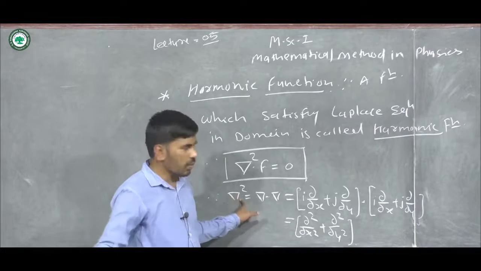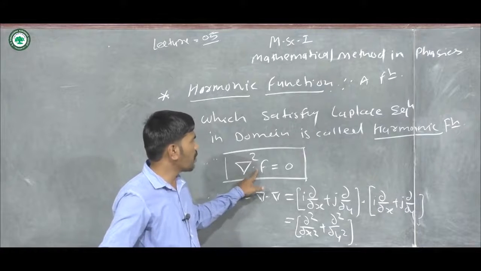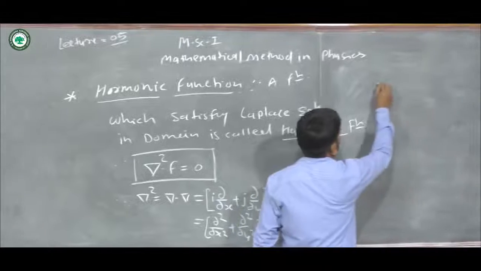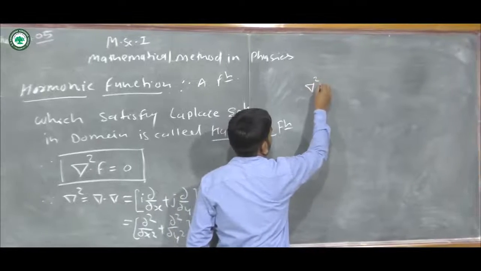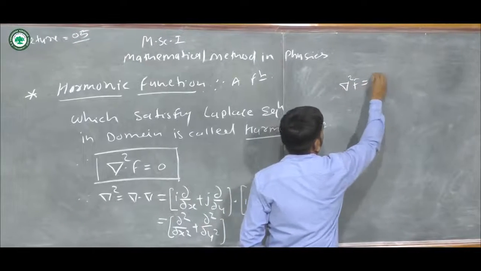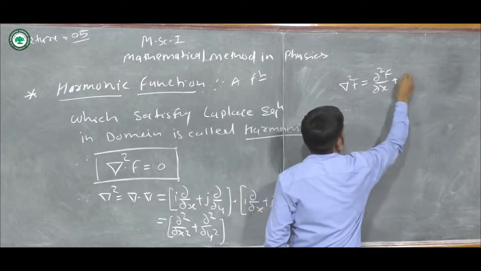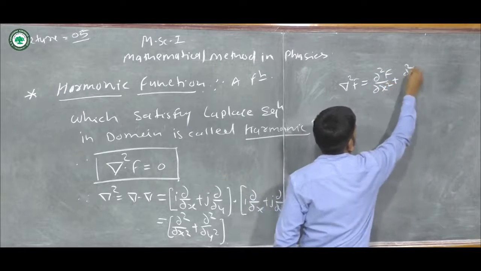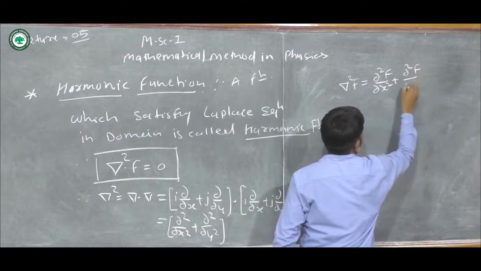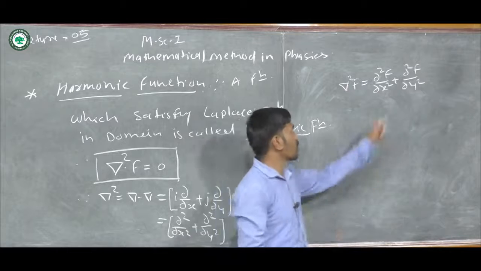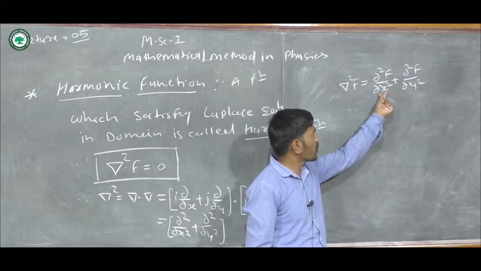If you multiply with the function, we can rewrite del square f is equal to dou square f by dou x square plus dou square f by dou y square. This is if the function has two variables, x and y.